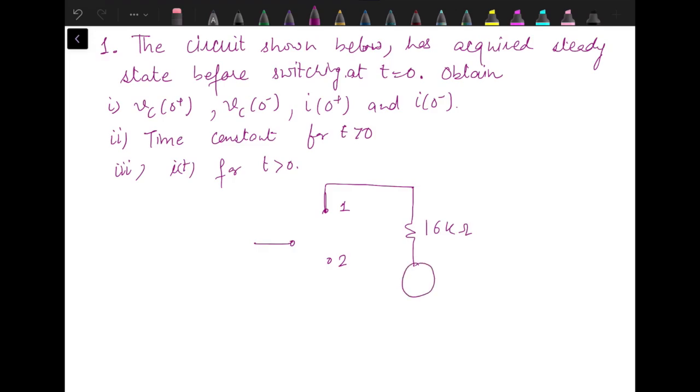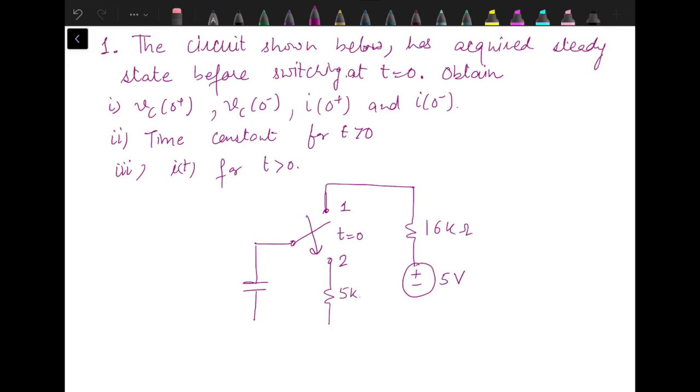Here we have a 5-volt source and a capacitor over here, which is moved from position 1 to 2 at t equal to 0. Capacitor has value 2 microfarad. Sorry, this is not 16, this is 10 kilo ohm.